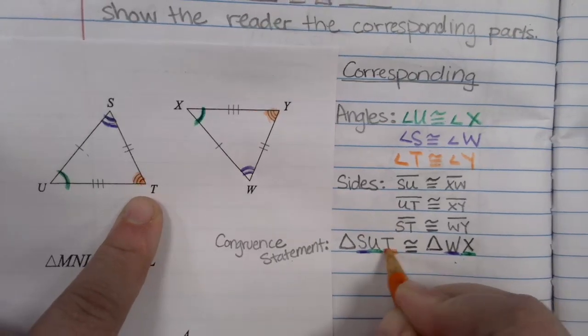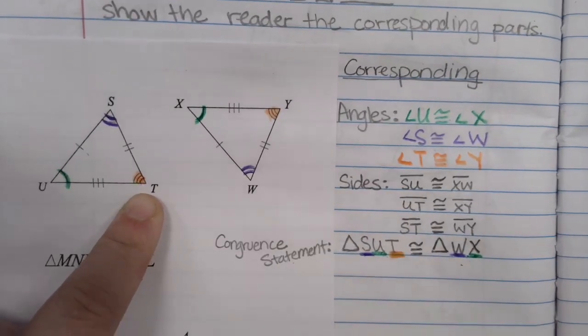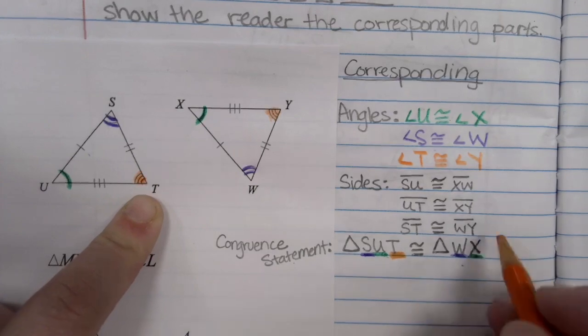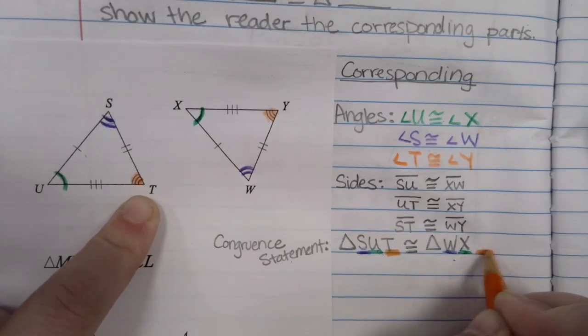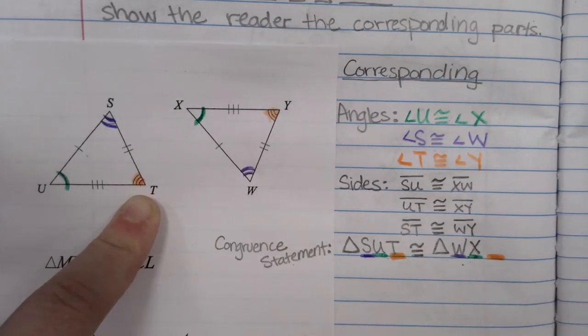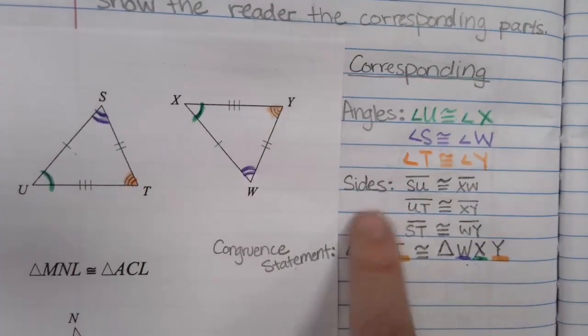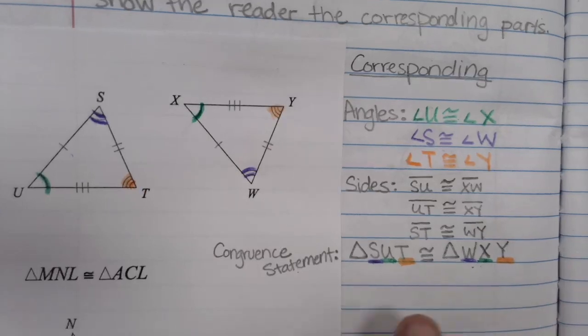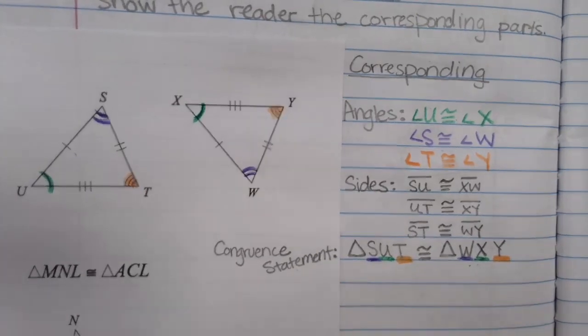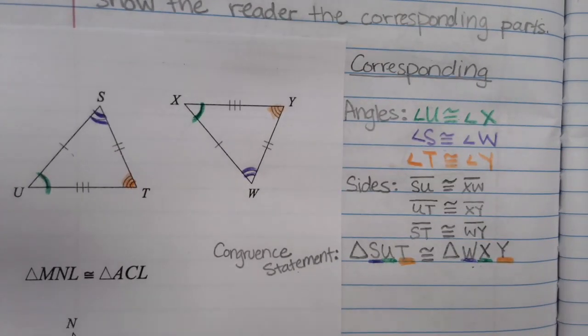That's my 3 arcs. And what does that match with on the other triangle? Y. So it is really important here. The first triangle, we can name it however we want. But however we name that first triangle, the second triangle has to match.